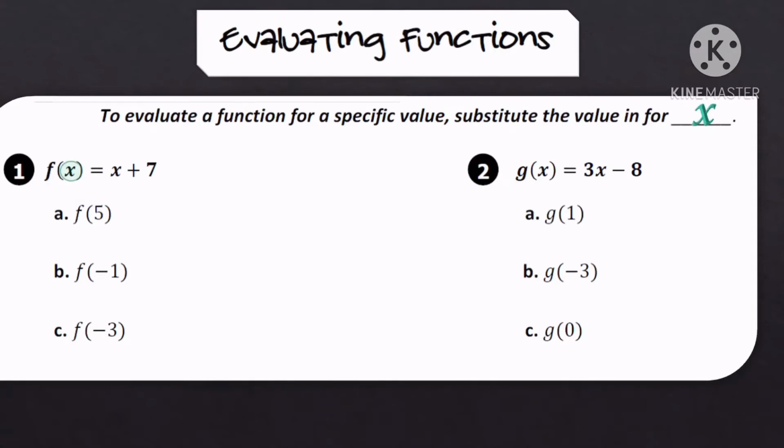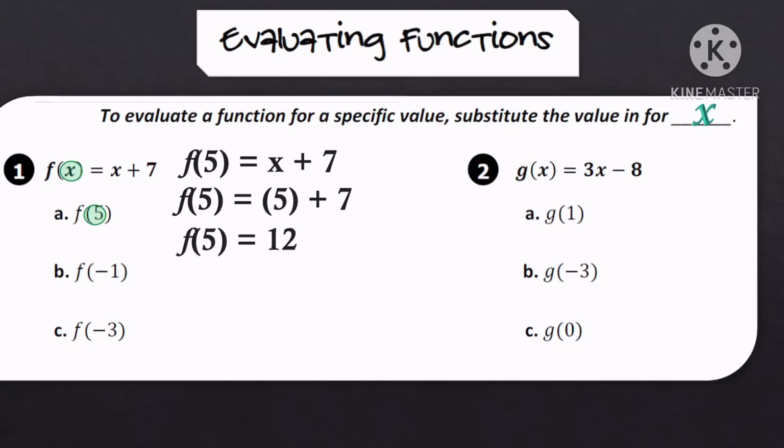That x in the parentheses is my x value, okay? When I replace it in this problem, you see how I put 5 in its place. To evaluate and find the output, I'm going to substitute in 5 wherever there's an x.